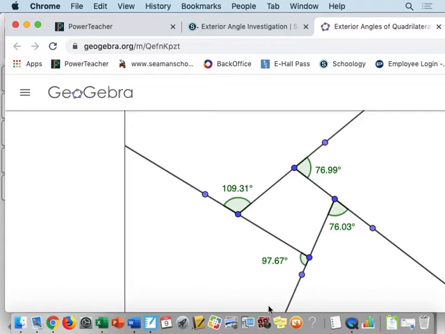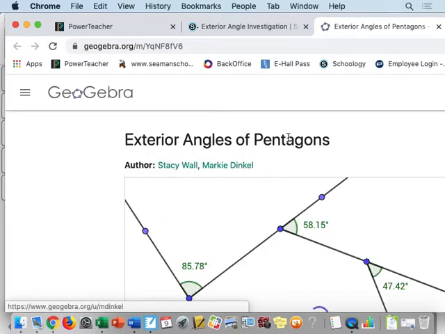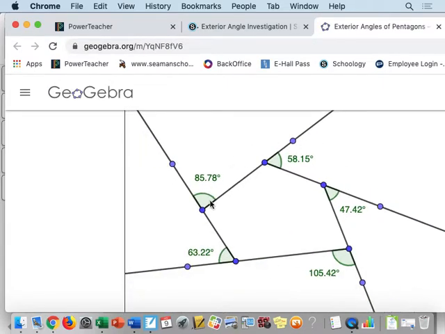Once you get a sum, go back to Schoology, click Pentagon. Add up these 5 angles.